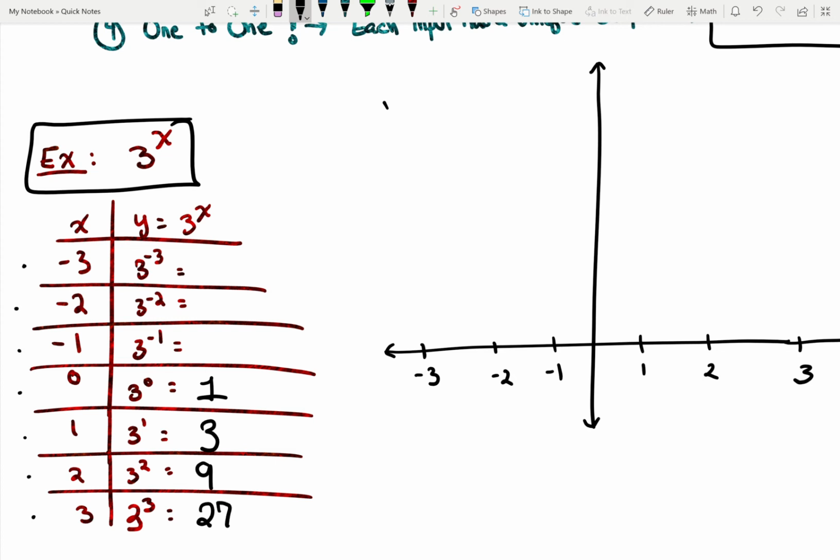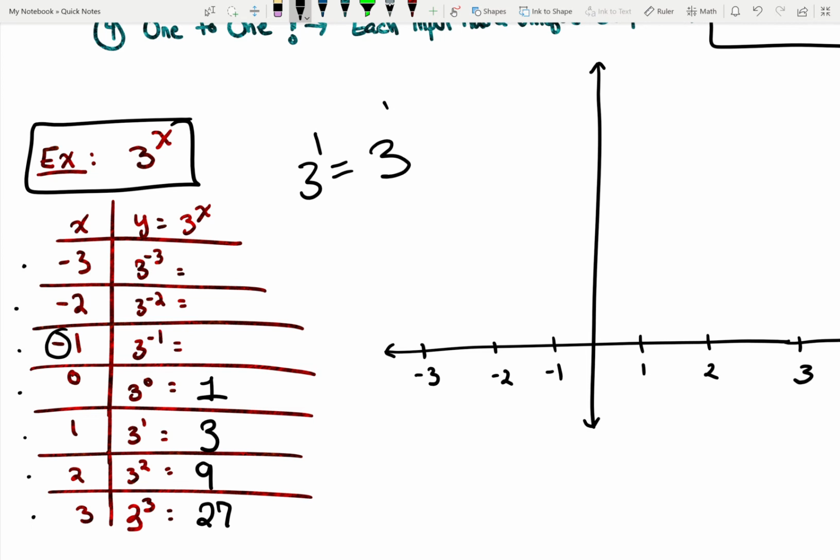Okay. Now, the next part gets a little bit more tricky. You have to remember some of these rules. So 3 to the -1, how do we deal with that? Well, how you want to deal with it is pretend that there's no negative there. All right, so you see this negative, just pretend it's not there. So what would be 3 to the 1st power? Well, that's just 3.